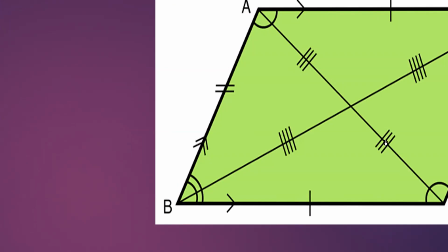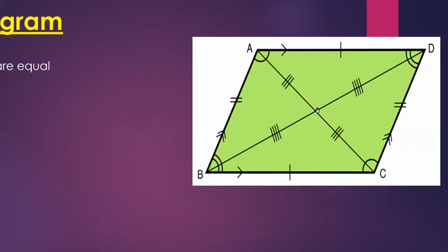This one has 4. This one has 4. That means that this line here is equal to this line, and this line here is equal to the next one. So the lines tell us that at least opposite ones are equal to each other. All right. Now, another thing.